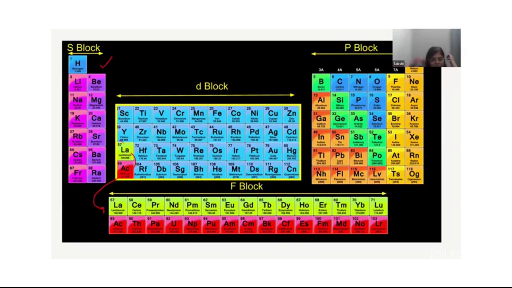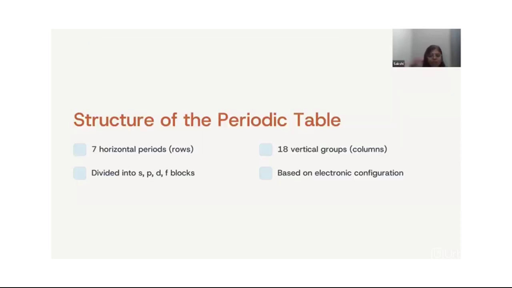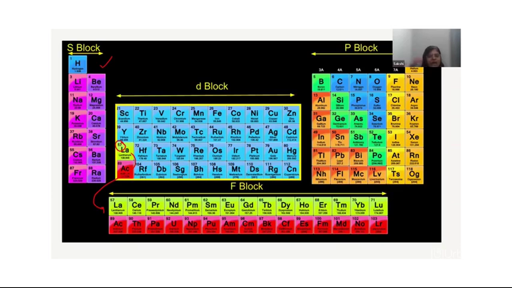You can see number 57, lanthanum, it is in the middle, so it is known as the F block, right? So this is how the periodic table is divided into 4 different blocks. And these blocks have their own properties, which you will be studying in detail as we move forward.